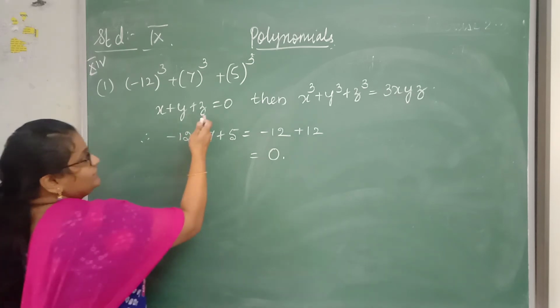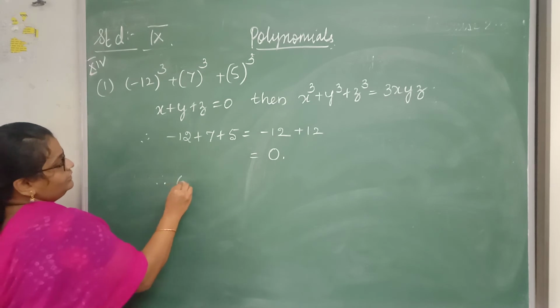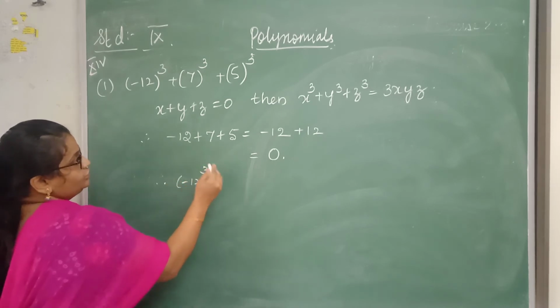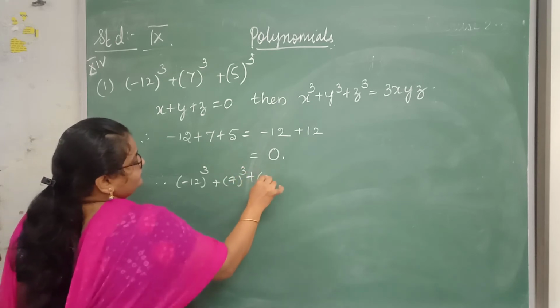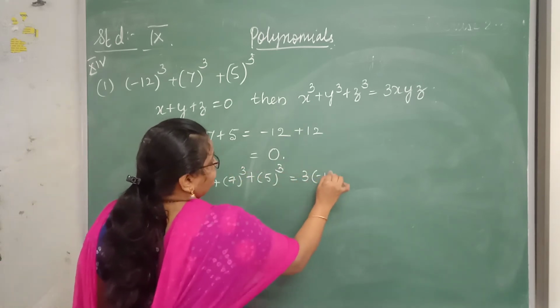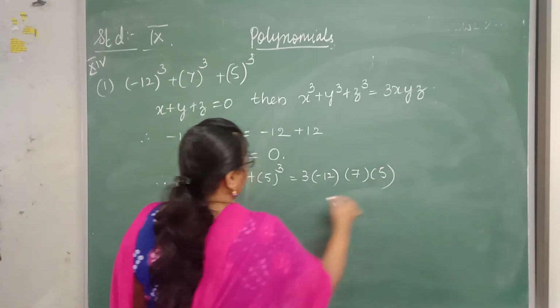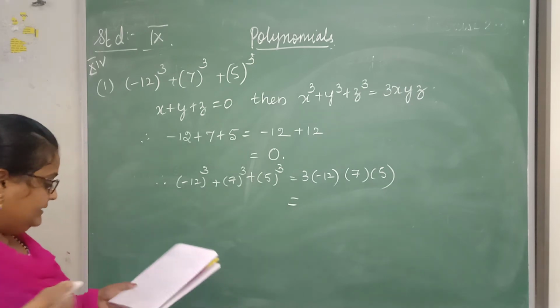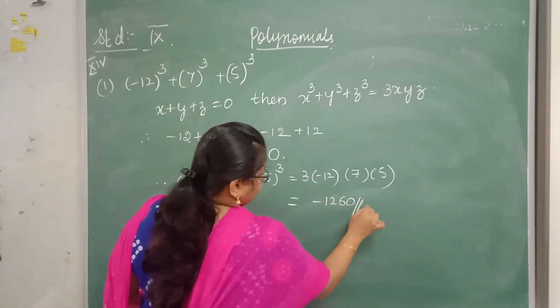So you got x plus y plus z as 0, therefore minus 12 the whole cube plus 7 cube plus 5 cube is equal to 3 into minus 12 into 7 into 5. So we will be getting it as minus 1260.